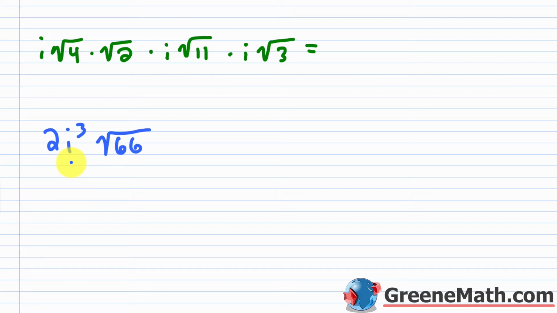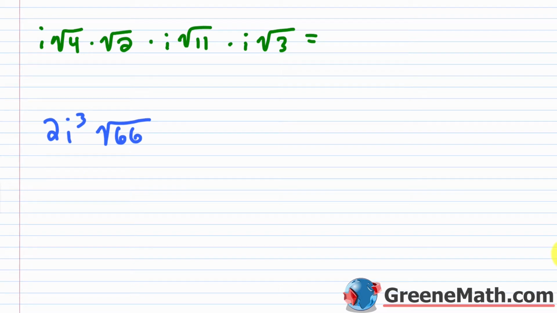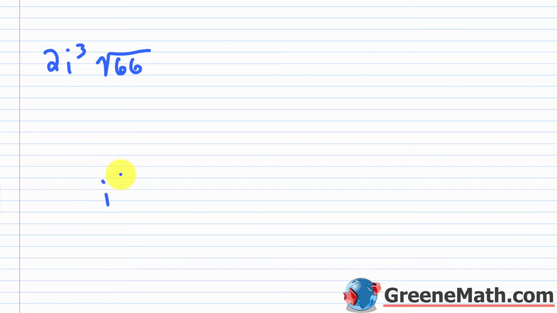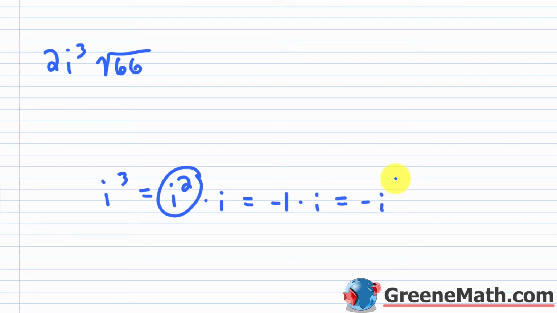But essentially, using my rules for exponents, i cubed is what? I can say this is i squared, which I know is -1, times i to the first power, or just i. So I can replace this part right here with a -1, and then say times i, which is just negative i. So I'm going to put the negative part of that out in front, and just put an i right there. So this would simplify to -2i times the square root of 66.